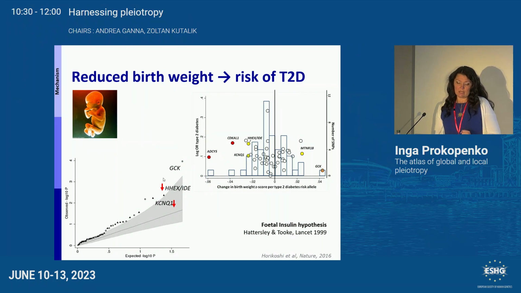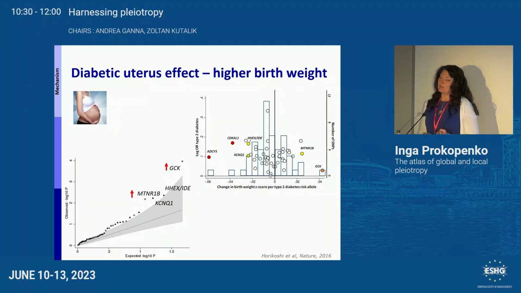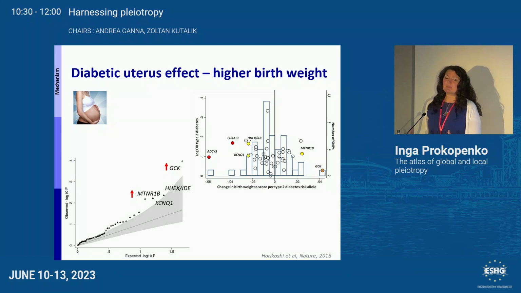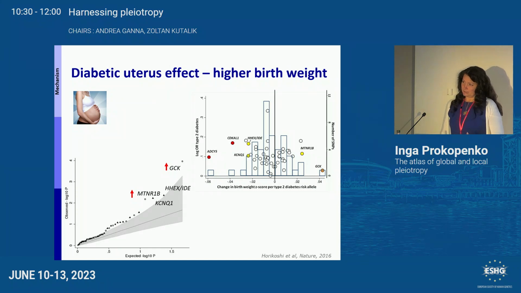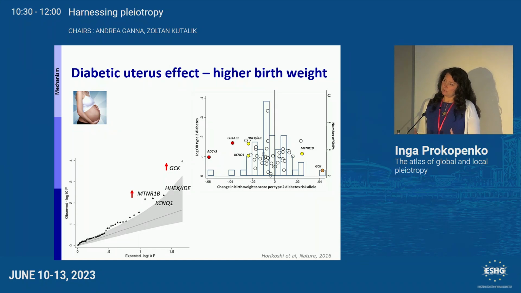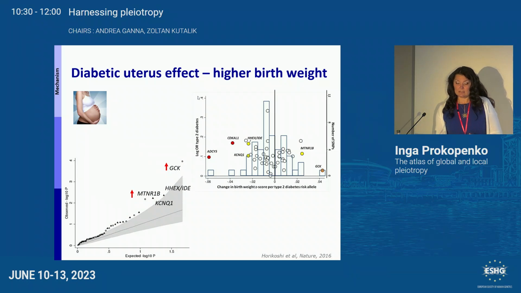So pretty much if birth weight is lower, diabetes risk is higher. But if we go into the loci which actually affect maternal genotype, so mom produces more insulin, it is the diabetic uterus effect, then these loci are directly correlated with the risk of metabolic conditions in adulthood.